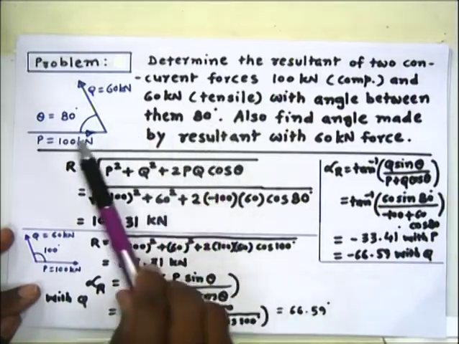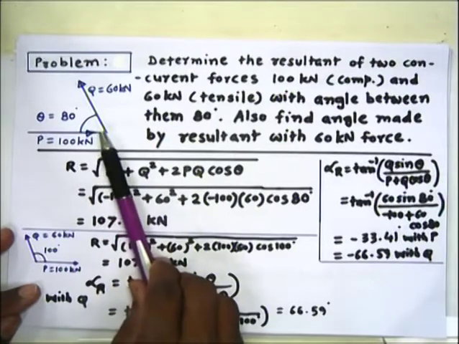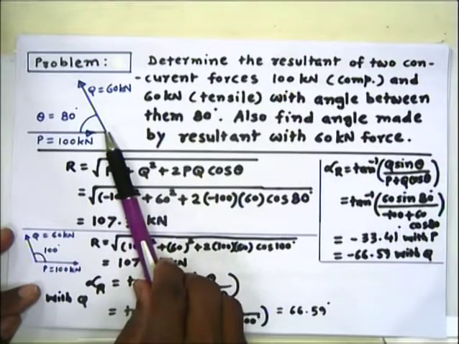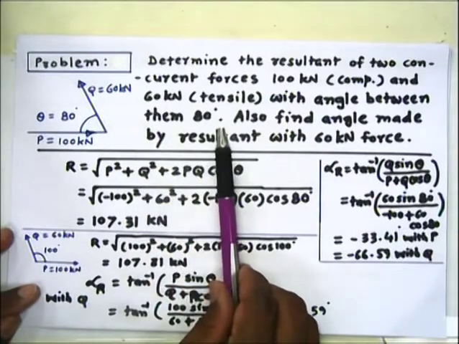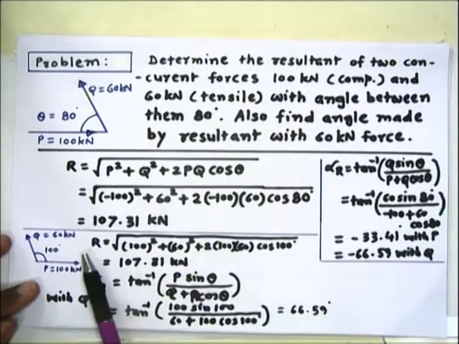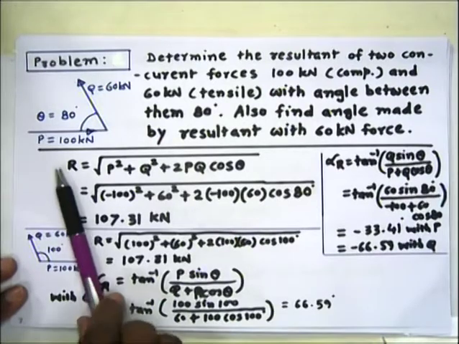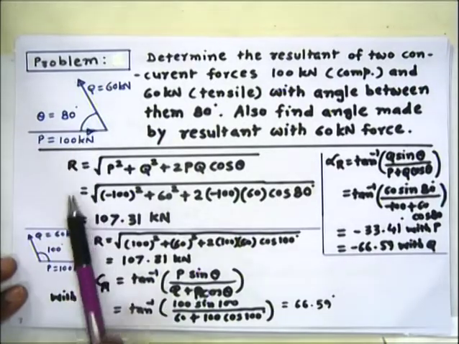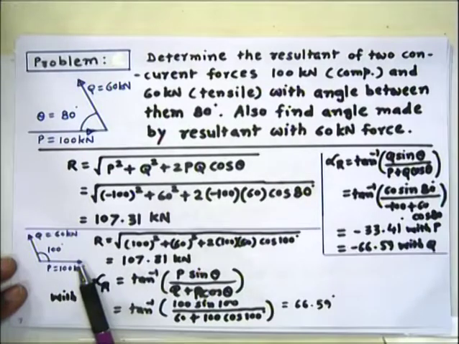So instead of showing P here, we can show that force P anywhere on its line, means we can show that force P from this point onwards on the same line, and it can be shown like this, okay. So instead of showing P here like this, we have shown P on its line passing through this point, okay.